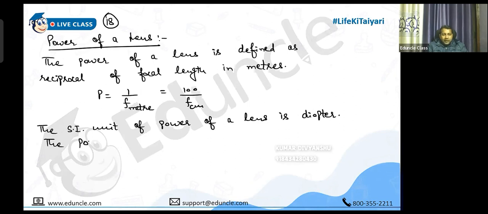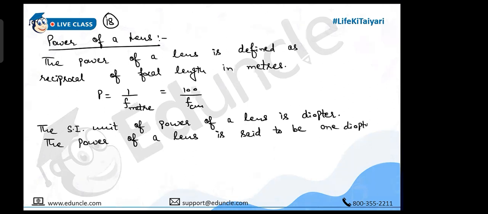And how do you define one diopter? When the focal length is 1 meter, or 100 centimeter.